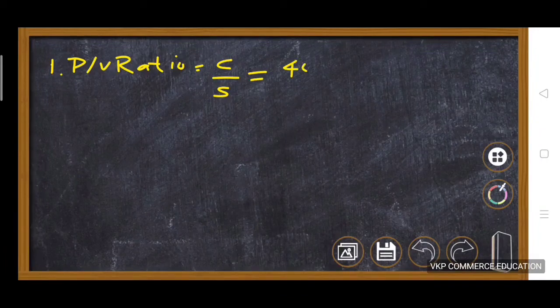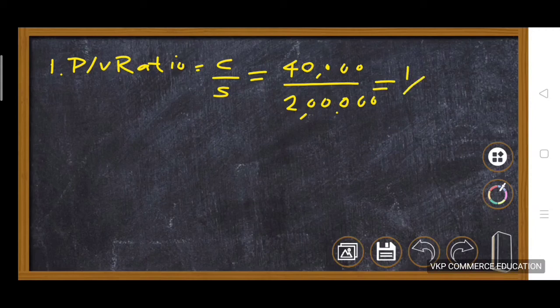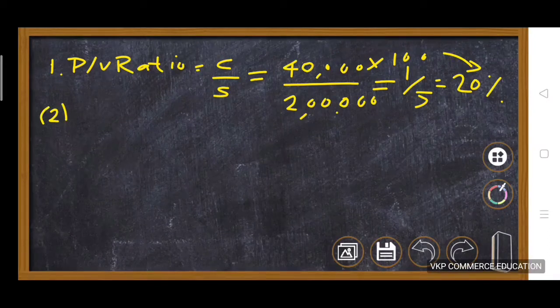Contribution here is 40,000, already we can see from the question, divided by sales 2 lakh is equal to 1 by 5, or we can say that it is 20%. When we take 40,000 by 2 lakh and multiply with 100, we will get 20%, that is the profit volume ratio.